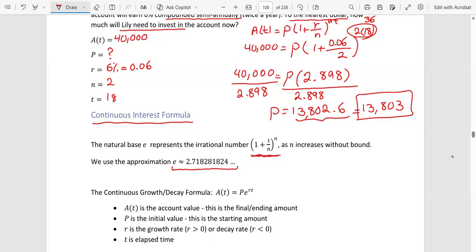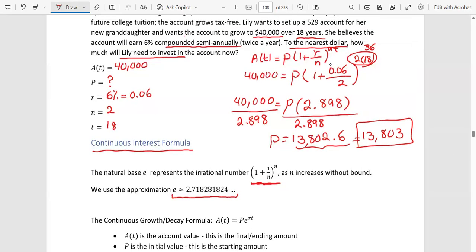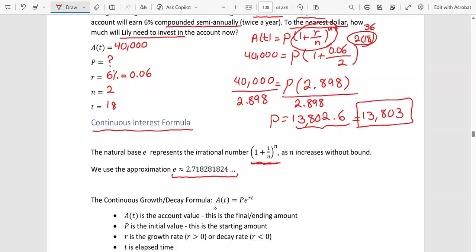And so this part of the compounding formula, which includes n, if n approaches infinity, if n increases without bound, will be approximated by e. So we are changing the formula to this form. This is the formula when we have continuous compounding. So every time you see it says compounding continuously, you're using this formula.